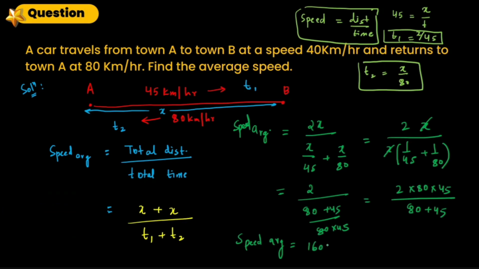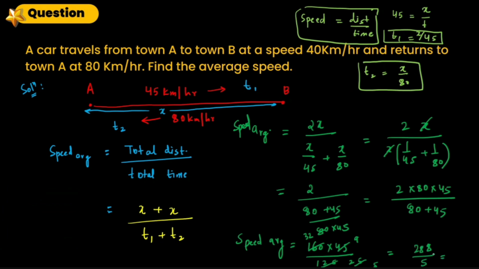So there is 160 into 45, whereas in the denominator we should have 125. So it is going to be 9 by 25. If I solve this again, we'll get 32 by 5.